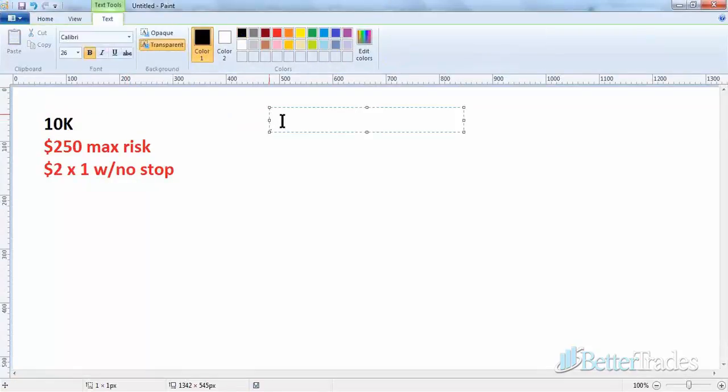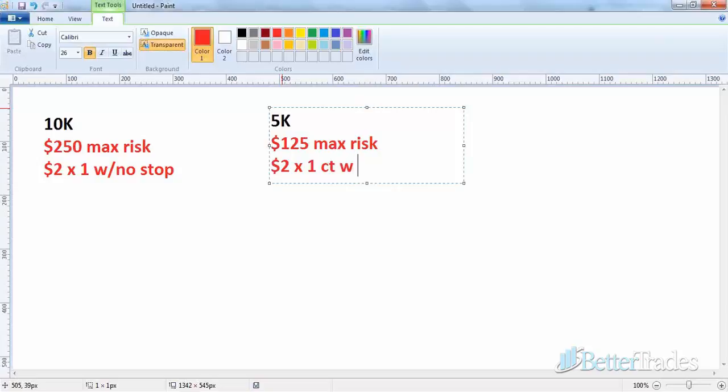If you've got a smaller account, or you know someone who has a $5,000 account, that means you've got $125 of maximum risk, which is a $2 option times 1 contract with a $1 stop.